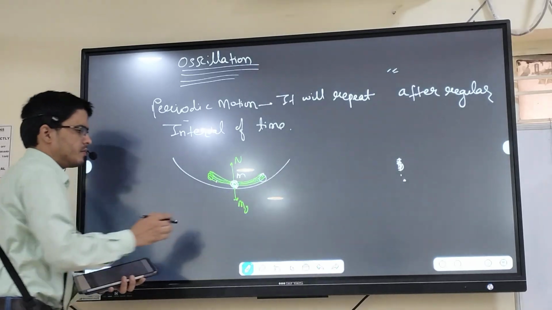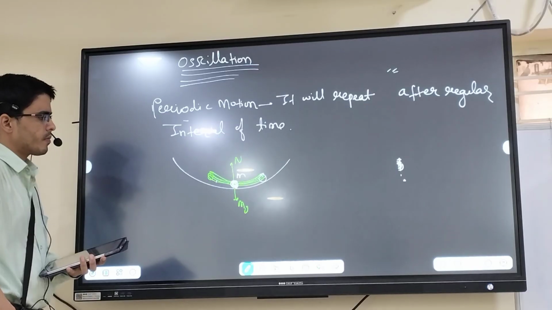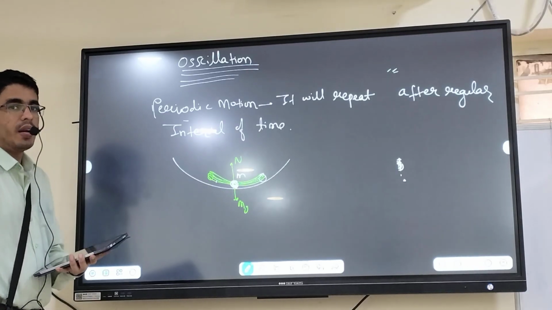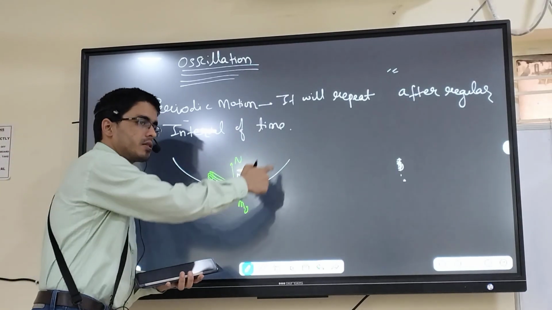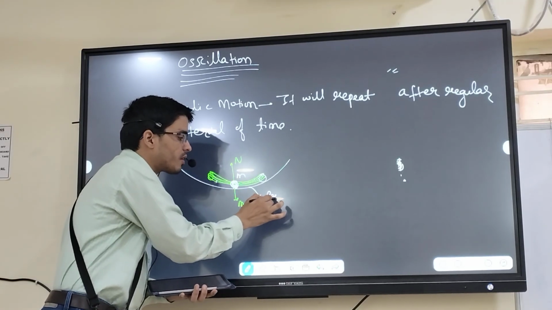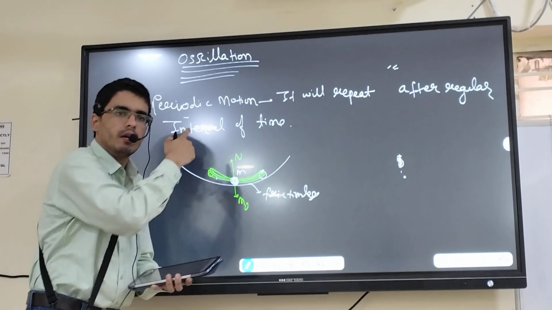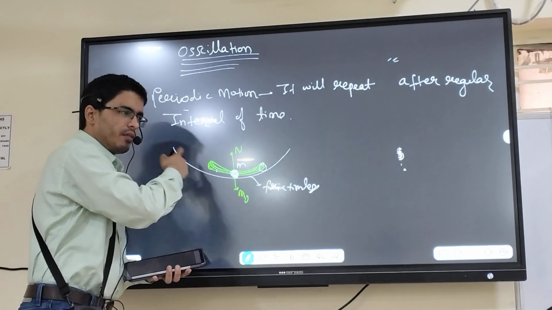Let us draw the diagram. This is a curved, circular surface. Assume a frictionless surface. Why frictionless? If friction is present, it will resist.